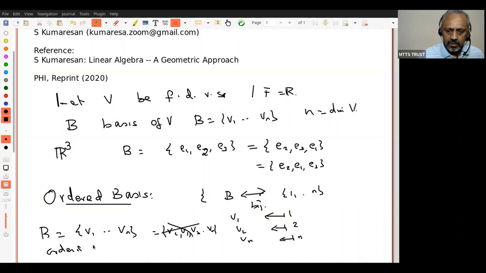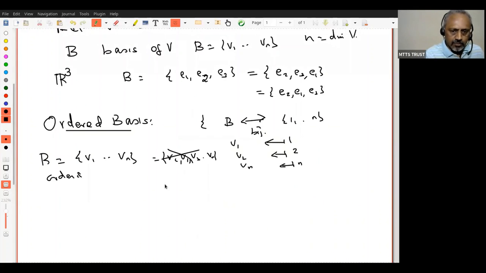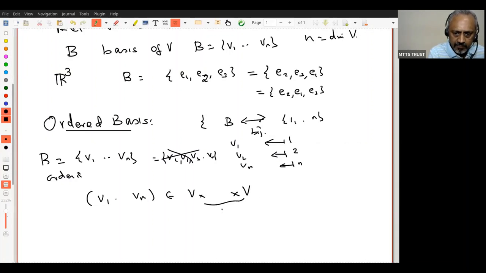And if you want to be a little more specific, I can consider this as an ordered n-tuple in B cross B cross B, n times. So that collect this as a set, B equals vi, 1 less than or equal to i less than or equal to n. This is a linearly independent set.